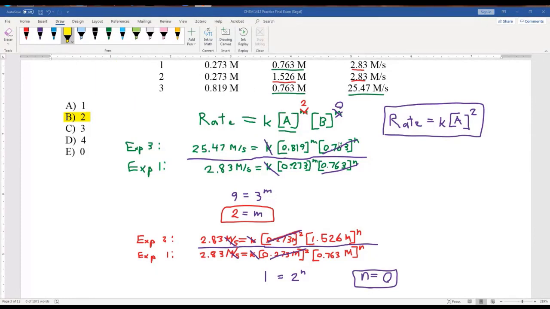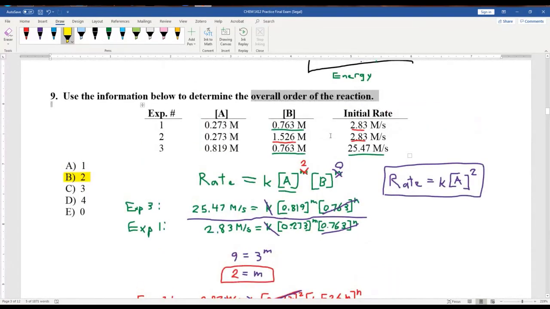Now, if you are particularly sharp and you don't need to write out all this to solve for the order of reaction, that's fine. Some people can just look at the ratio of the rates. They see that if I compare these two, for example, B is changing, but the rate's not. Oh, that must be a 0 order reaction. And they say, okay, if I compare 3 and 1, B doesn't change, but A changes.